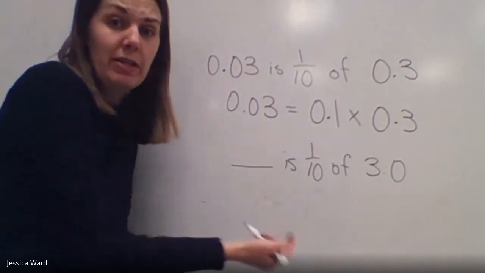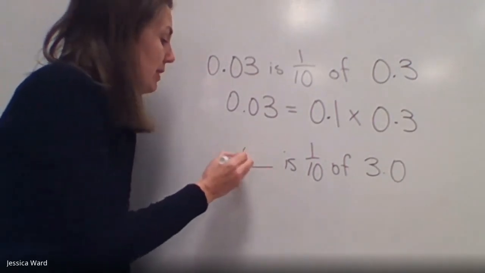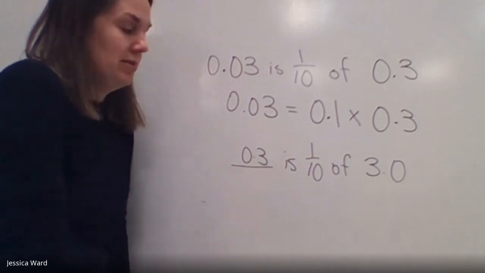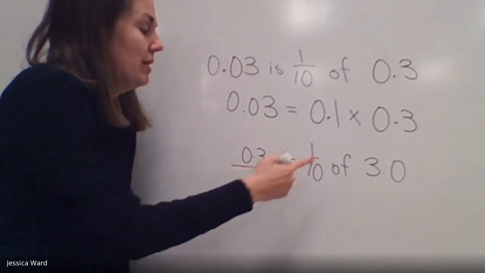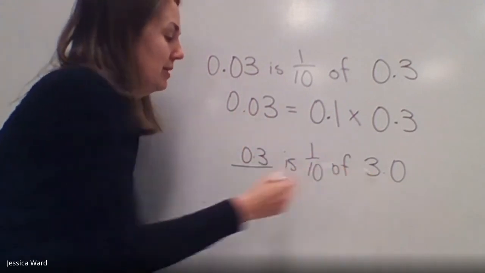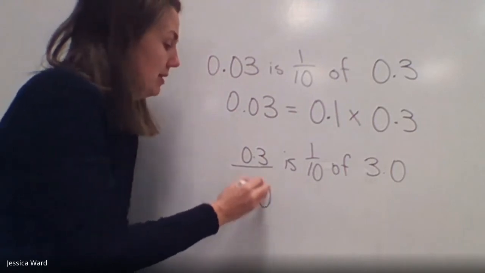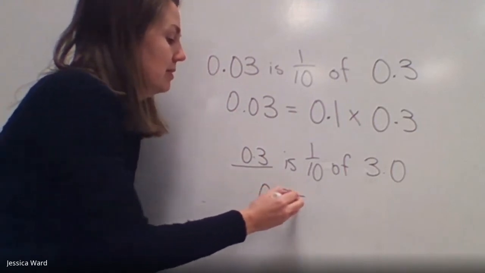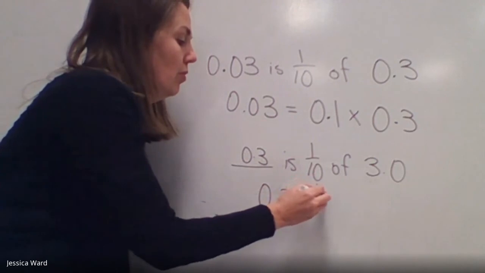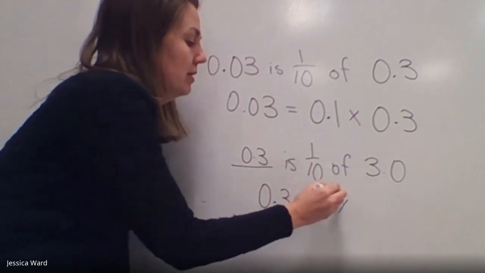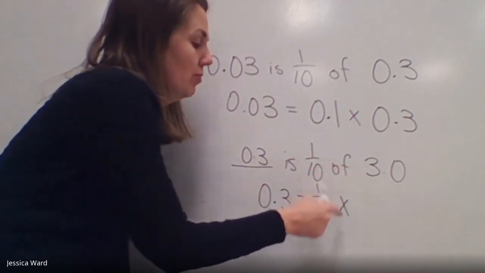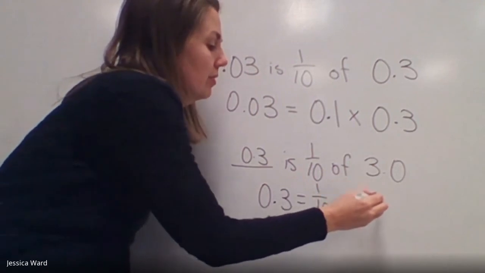So what would 1/10 of 3 ones be? It would be 3/10. So now if we convert our sentence to an equation, I would say 3/10 is equal to 1/10 times 3.